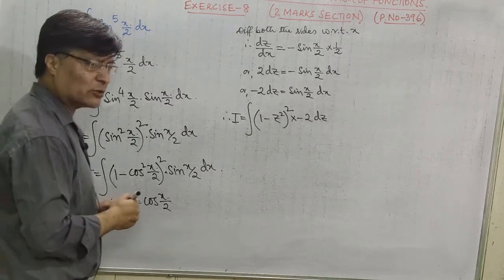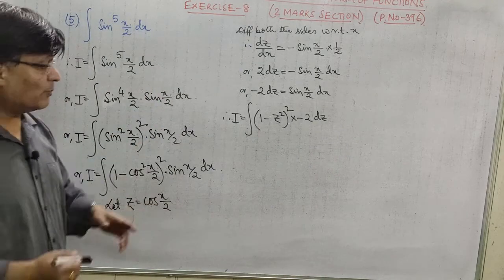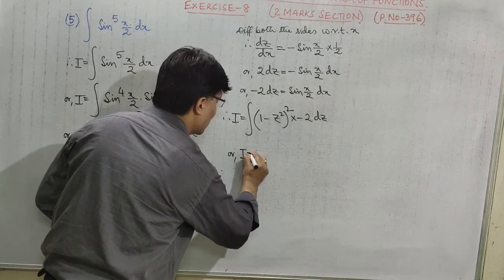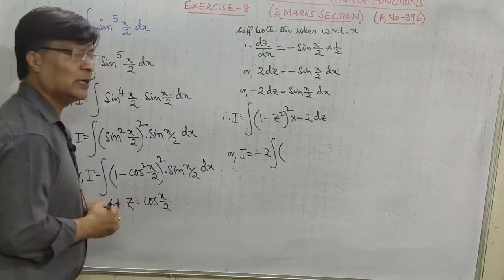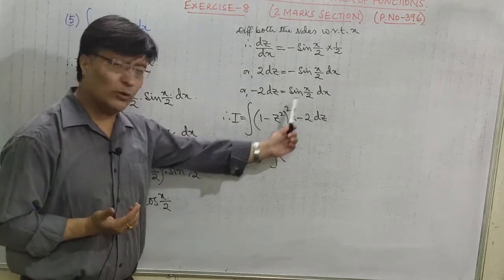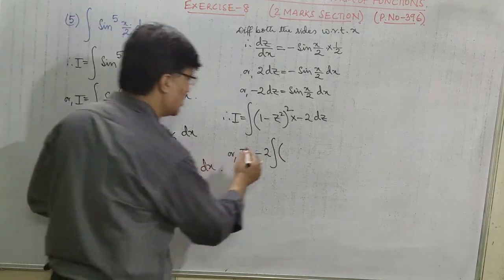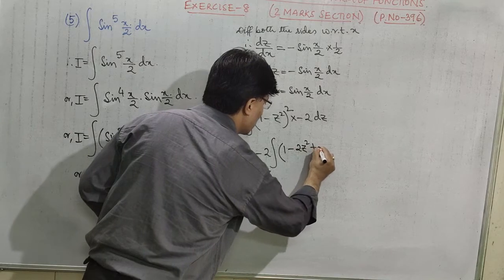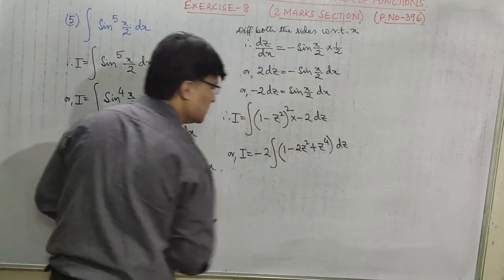So minus 2 is constant in this case. So what will you do in the next step? Here minus 2 is constant, you can write it before integration sign, or I is equal to minus 2 integration of, within bracket, you can expand it. This is a minus b whole square, that is a square minus 2ab plus b whole square. What is a whole square? 1 minus twice ab is 2z square plus b square is z to the power 4, bracket close dz.